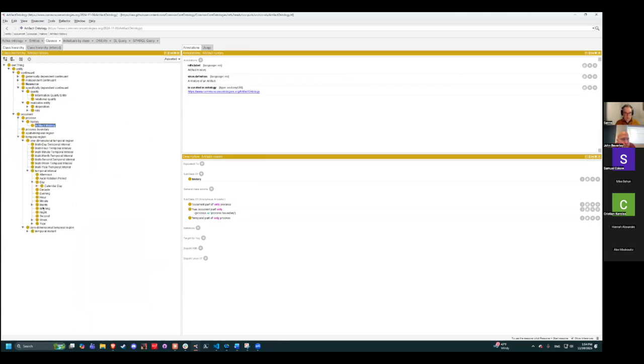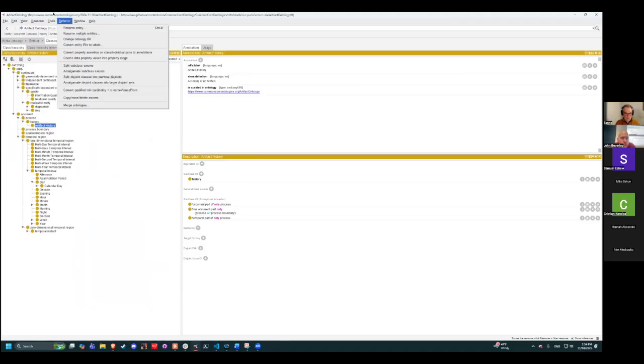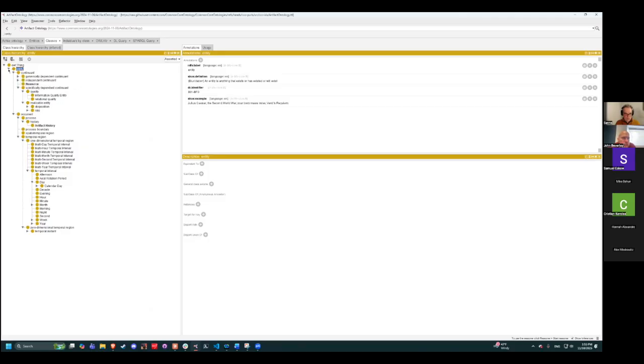Can you go to the top? Are you on a Mac or PC? PC. Can you go to the OWL thing at the very top, or entity? Can you just click on entity and highlight it there? Can you close everything under entity?